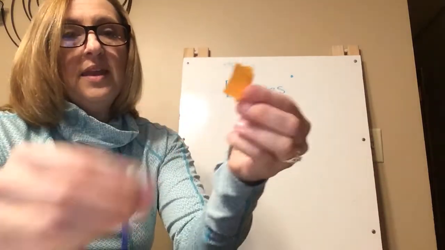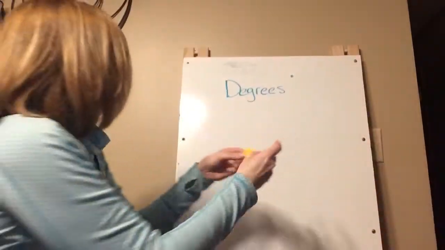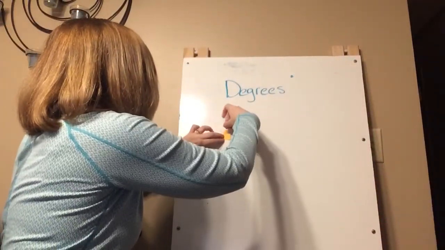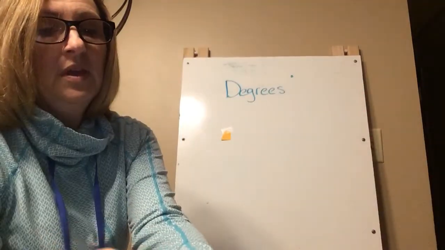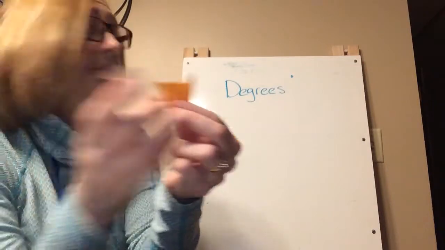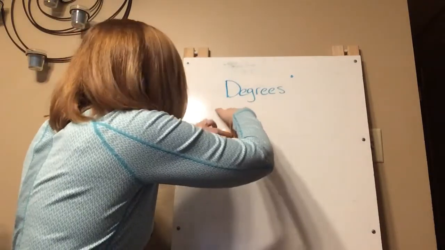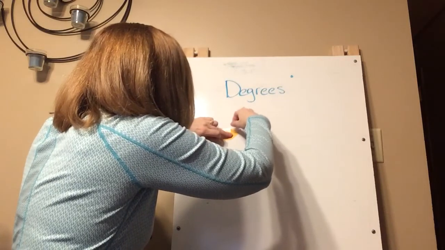Now, if I put these together, sorry, I have to use tape, so you can see what I'm doing. We're going to tape just the corners, which are also called vertices, together. And don't overlap them.